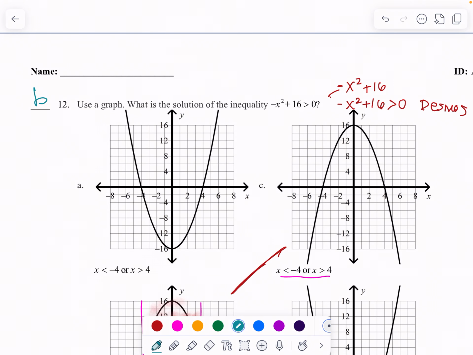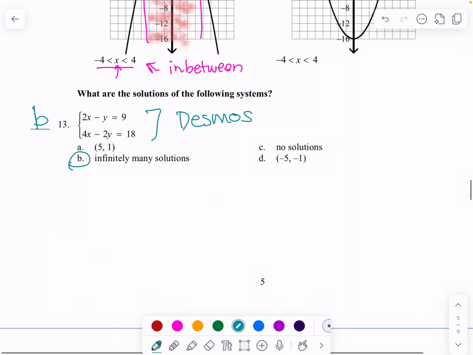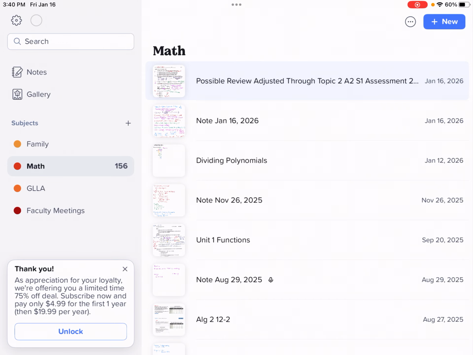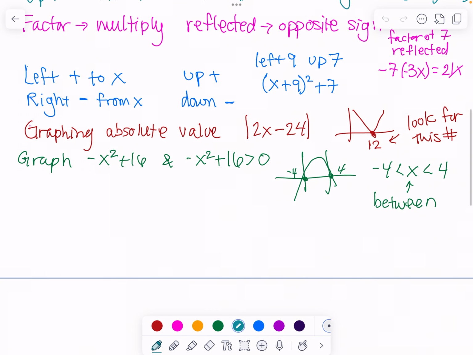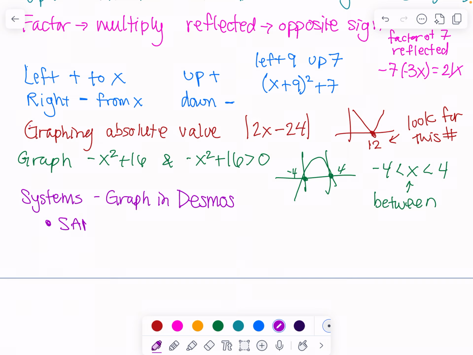So then this is what I would put on my notes. I'm just going to put it right on the notes. For systems, graph in Desmos.